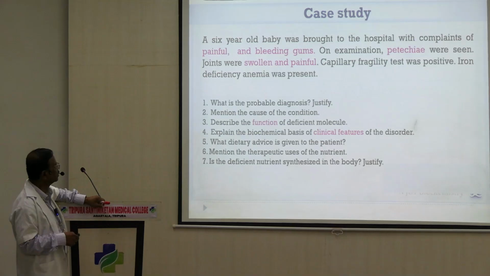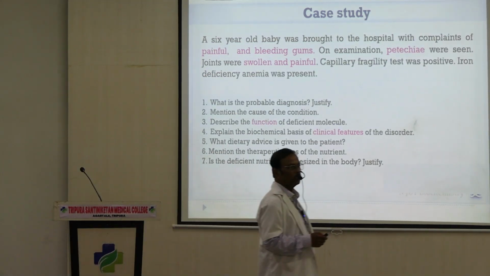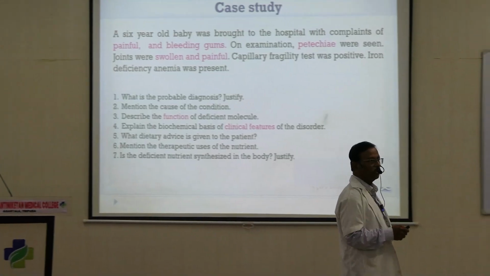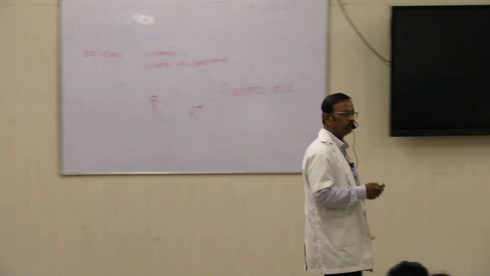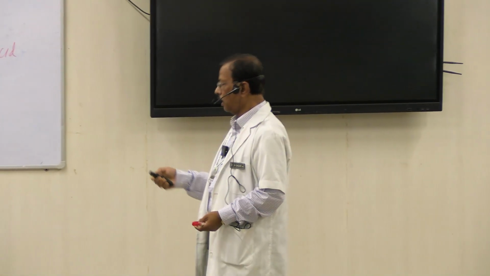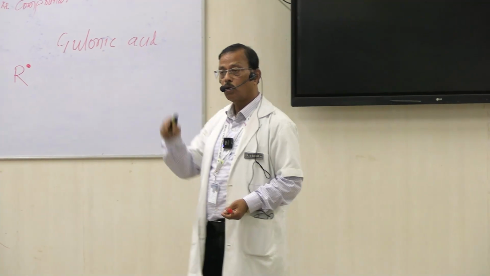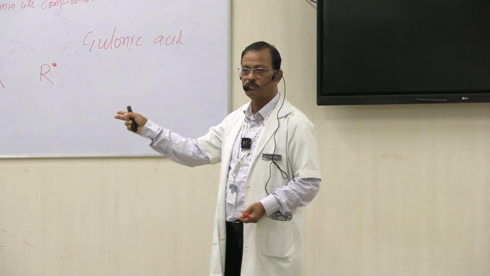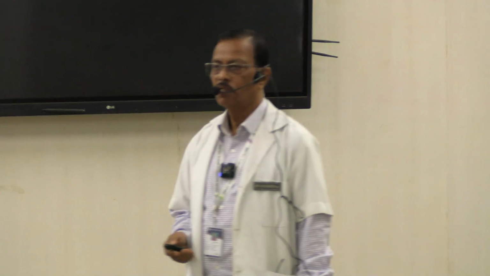So these suggest that most probably the cause is vitamin deficiency. So this is the justification. Justification part you have to give from the statement. Okay. Now explain the biochemical basis of the clinical feature. That you have to explain those justifications biochemically. You have to explain. Okay.